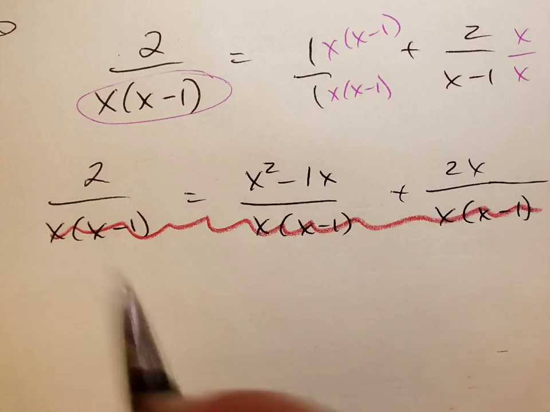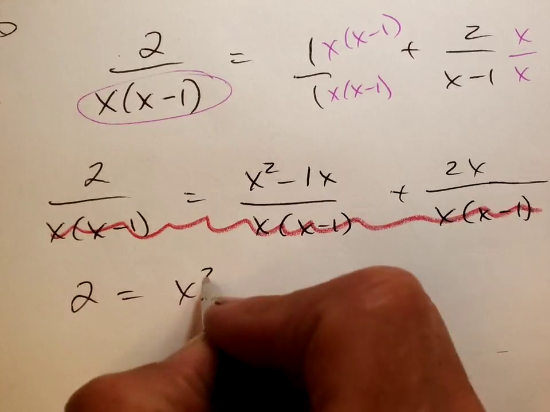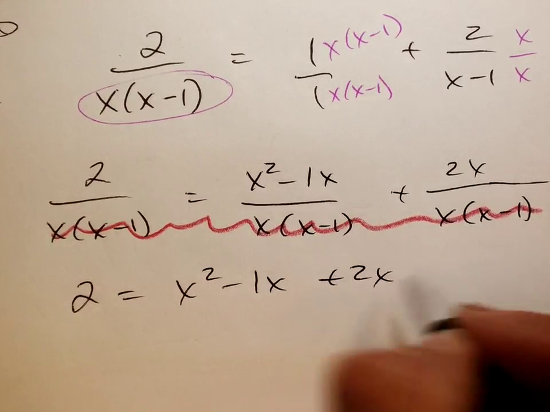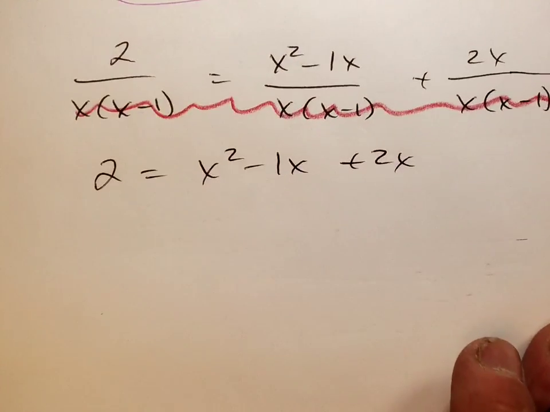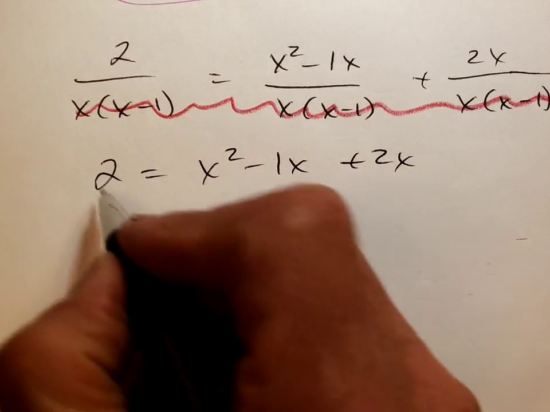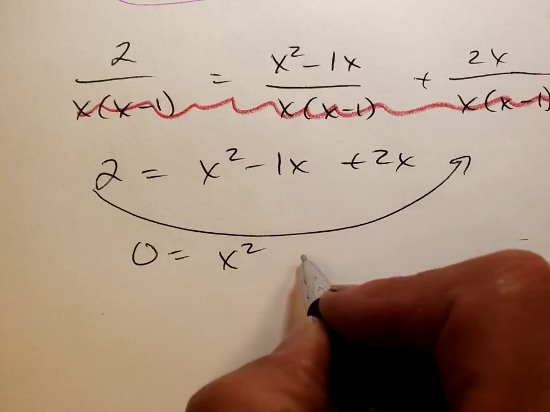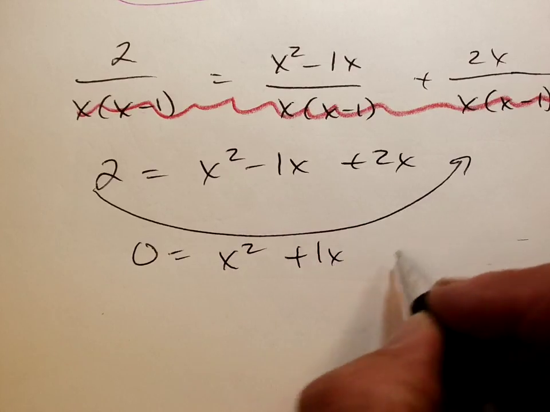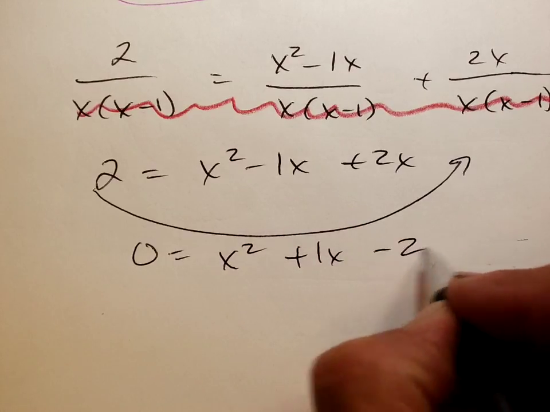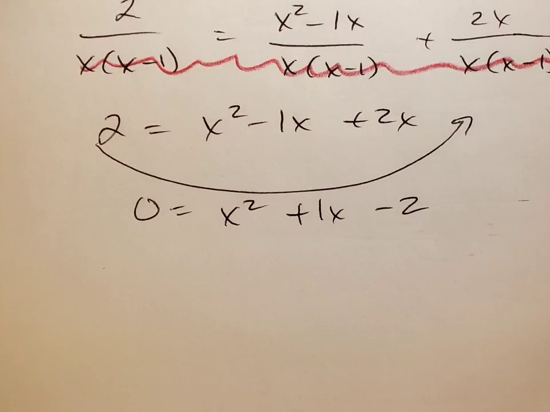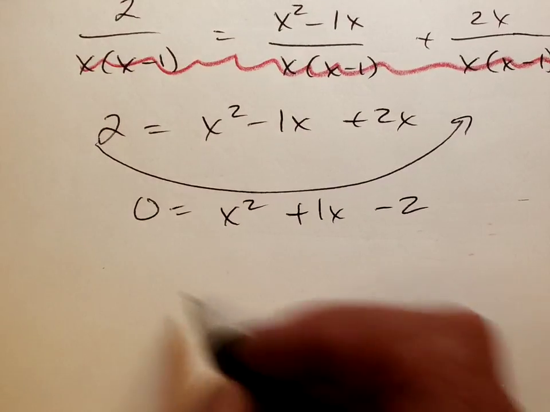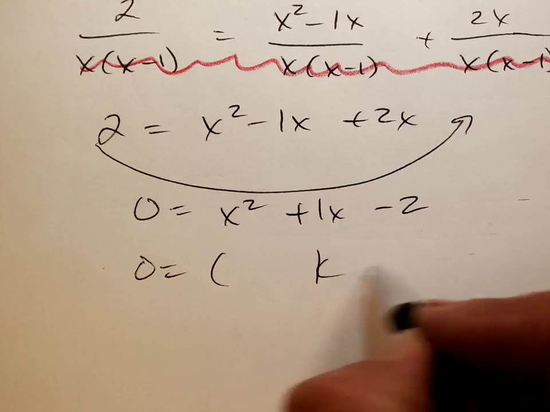So what do we have left? 2 equals x squared minus 1x plus 2x, right? Oh, it looks like that F word again, doesn't it? Doggone it. Let's bring the 2 over. 0 equals x squared plus 1x minus 2, right? Factor, factor.